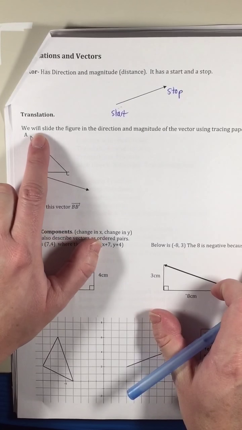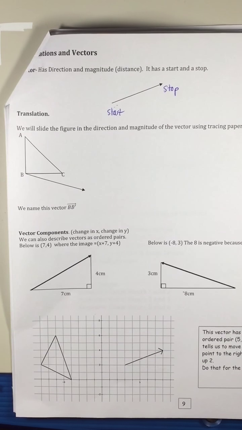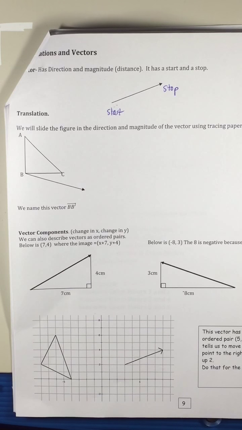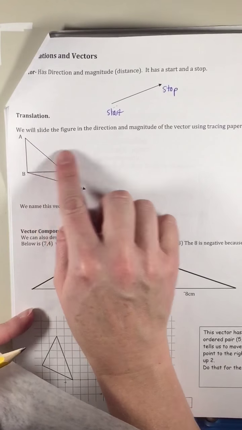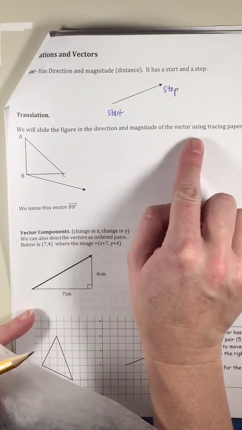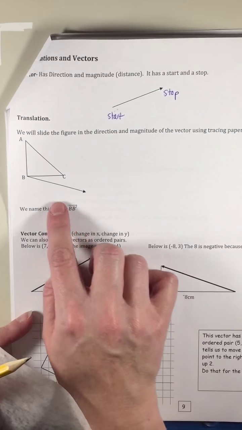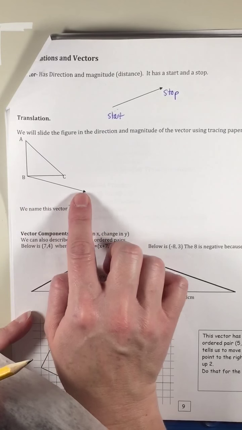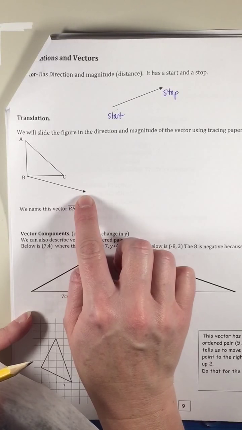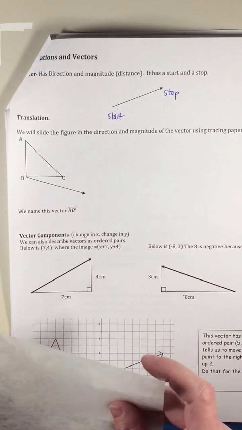Okay. So once again, since we're using tracing paper, you need a pencil. So make sure you guys have a pencil. Okay. So we're gonna slide this figure, ABC, in the direction and magnitude of the vector using tracing paper. So this vector is gonna end up, we're gonna call it B prime, because where this starts, it ends at B prime, okay?